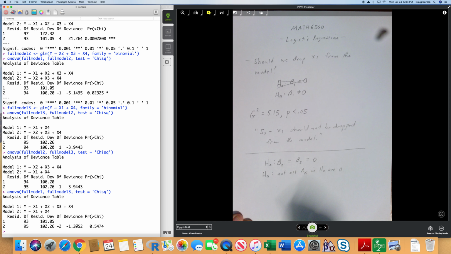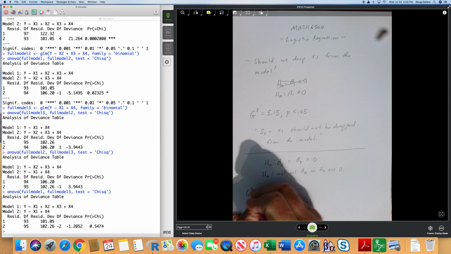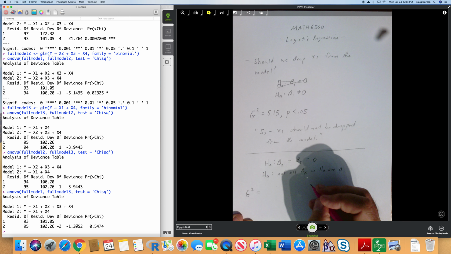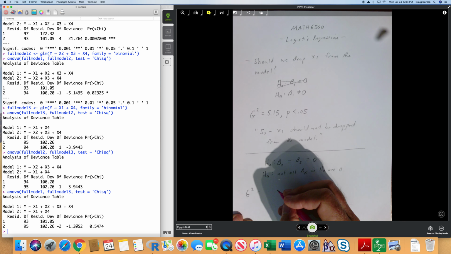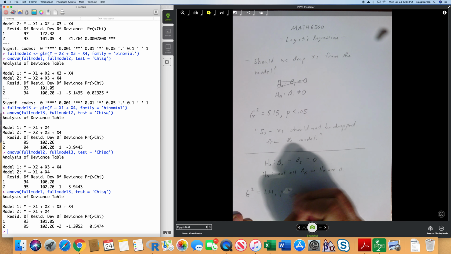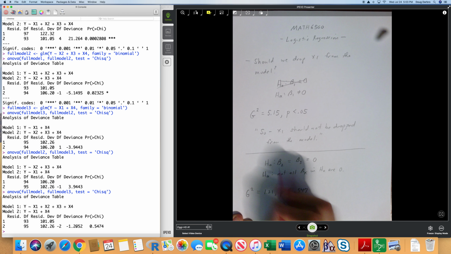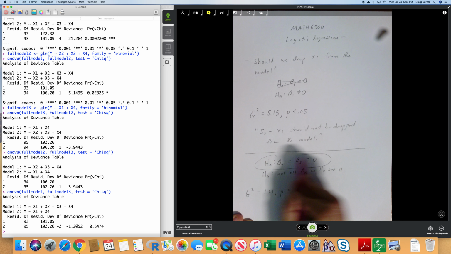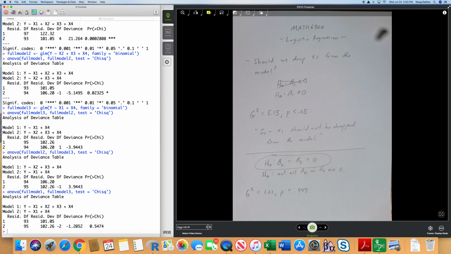So our test statistic here is 1.21, and our p-value is 0.547, leading us to not reject the null. So we would feel comfortable in dropping x2 and x3.